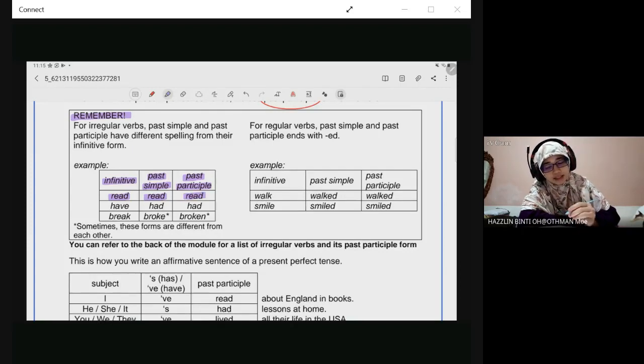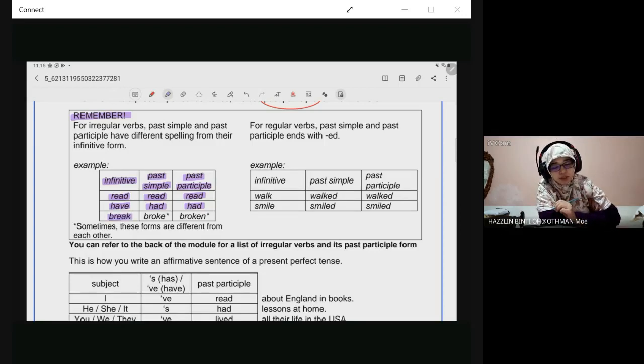Let's look at the second example. Have. The past simple of have is had, and the past participle of have is also had. Now let's look at break.